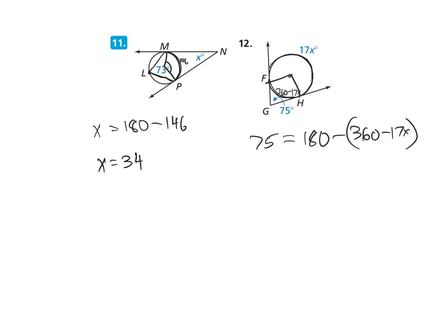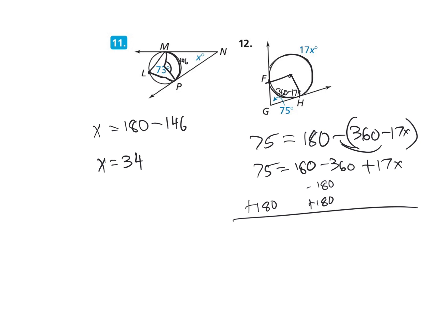So we're going to distribute the minus sign here. 75 equals 180 minus 360 plus 17x. So 180 minus 360 is negative 180. So we're going to add 180 to the left, excuse me. So 180 plus 75 is 255. And we divide that by 17. So 255 divided by 17 is 15.